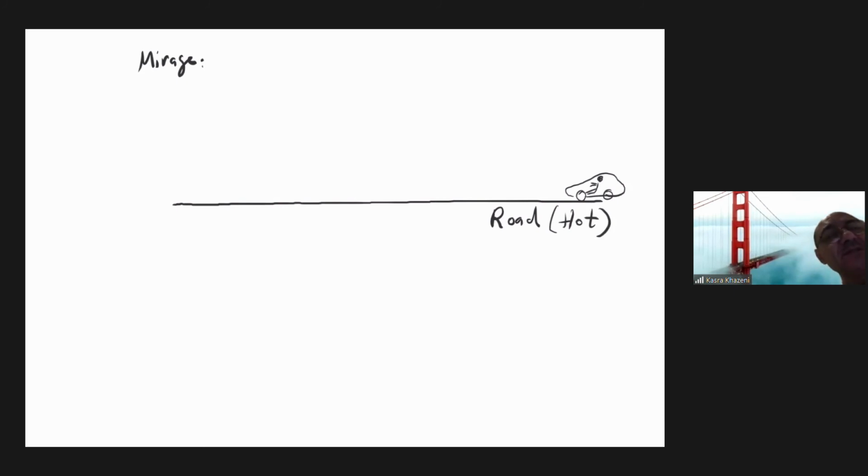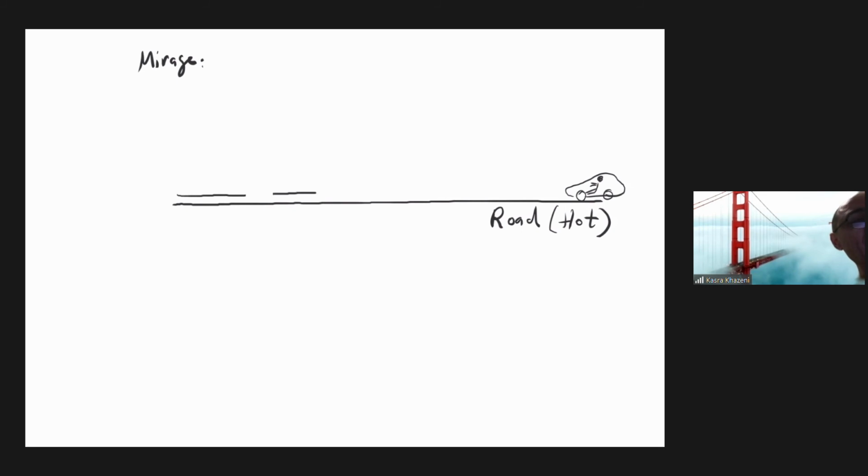Now that's important because you don't see mirages on the road on cold days. The road is hot because the sun has been shining on it for hours and hours, and it's summertime and it's extremely hot. And of course, asphalt is a pretty dark color, so it absorbs a lot of the heat and gets really, really hot.